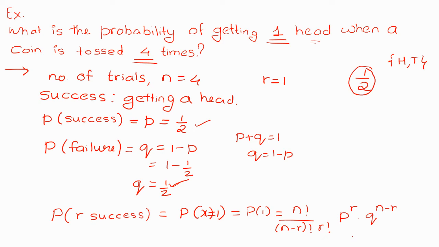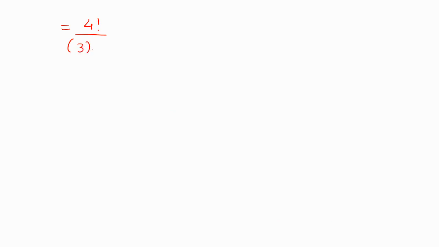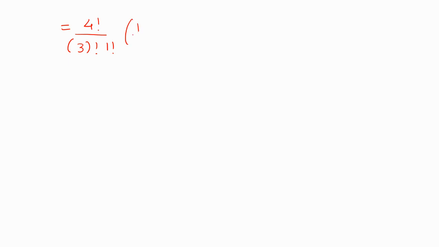Now I have all these values. What is my n? n is 4, therefore 4 factorial. Then n minus r, where r is 1 and n is 4, therefore 4 minus 1, that is 3 factorial. And r is 1 factorial. And p raised to r, that is half raised to 1. And q raised to n minus r, that is half raised to 4 minus 1, that is 3.